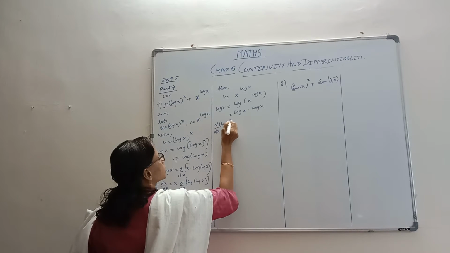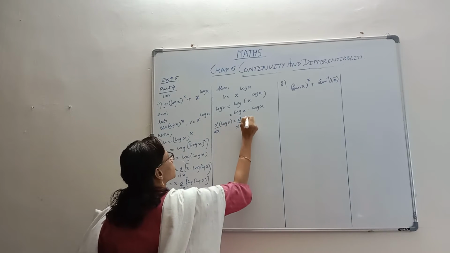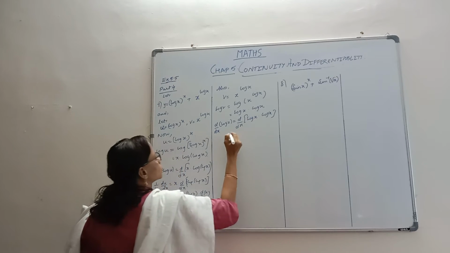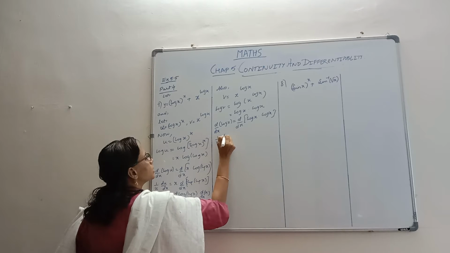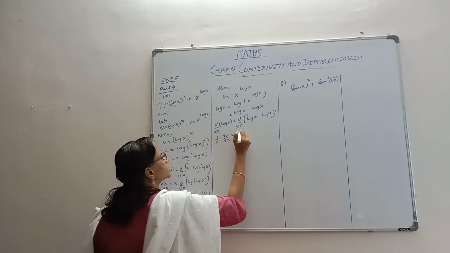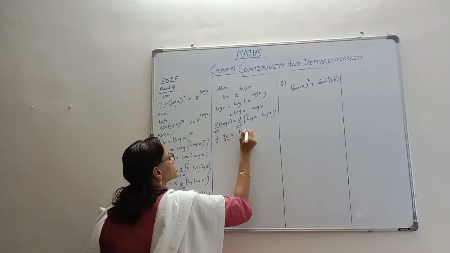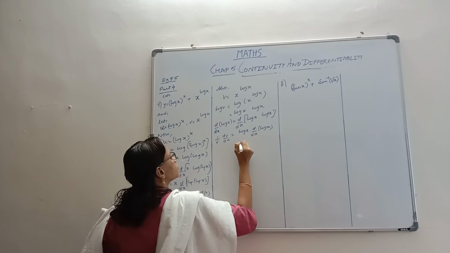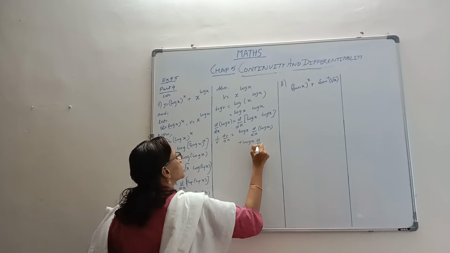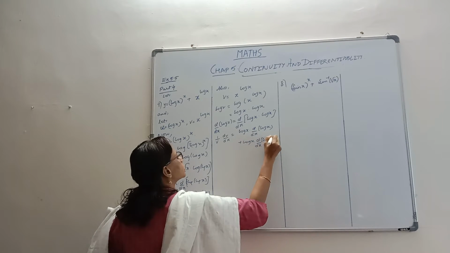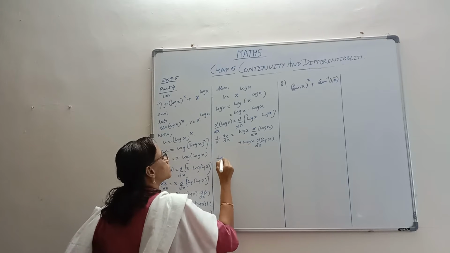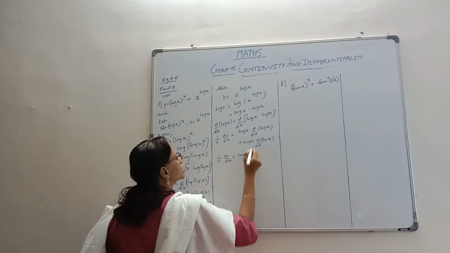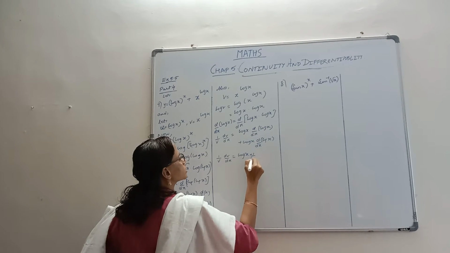Log v is equal to d by dx of log x into log x. So how is this coming? 1 by v dv by dx, and this is the product. First function as it is, derivative of the second function, then second function as it is, derivative of the first one. So this is 1 by v dv by dx, and this is log x, derivative of log x is 1 by x.